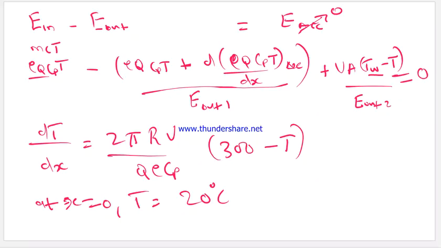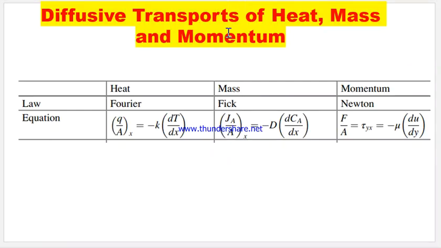Furthermore, I want us to look at some cases that can also arise in process modeling and simulation. We can have a situation whereby we have diffusive transport. We have looked at the lumped parameter system, the distributed parameter system, and convective heat transfer, apart from the normal heat transfer.